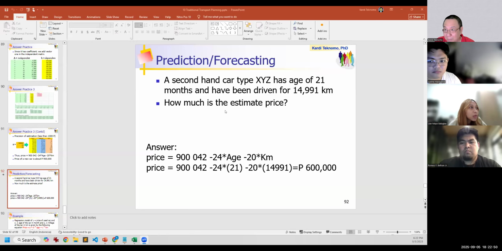Can you estimate the price if I have another car which is not in the data, 21 months and almost 15,000 kilometers?